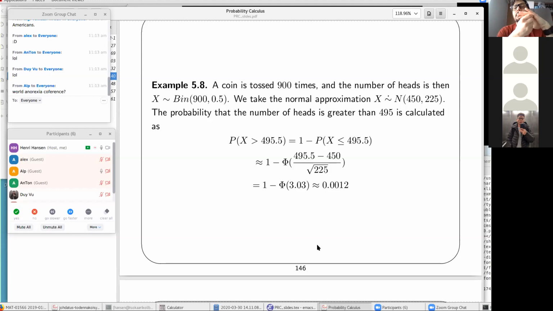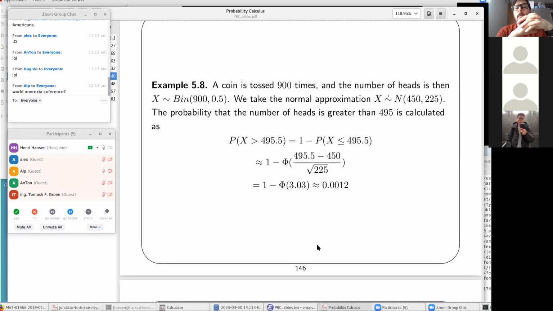We calculate n times p times 1 minus p, where n is 900. Is that correct? 225. That would be 450 times 0.5, that's 225. Yeah, that's correct. So that's 900 times 1/2 times 1/2.